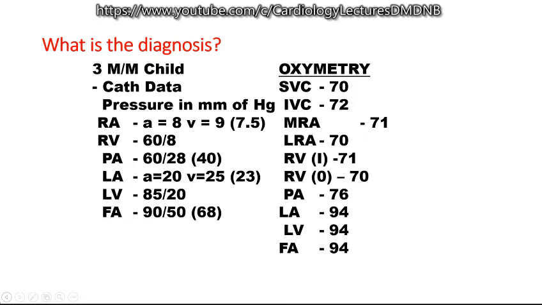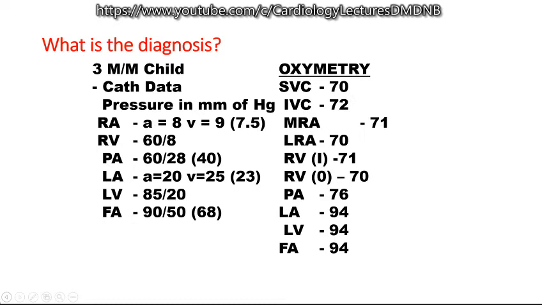It can be PDA, it can be AP window, it can be a man-made shunt, or it can be natural collaterals from the aorta to the pulmonary artery, or it can be ALCAPA, where there is communication between the right coronary artery and the left coronary artery, and the blood is draining from the right coronary artery through the left coronary artery into the pulmonary artery, resulting in oxygen step up at the pulmonary artery level.